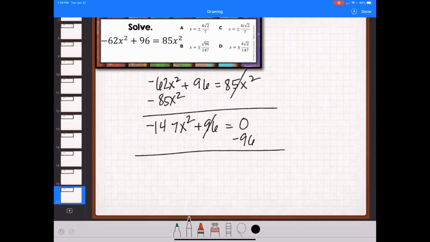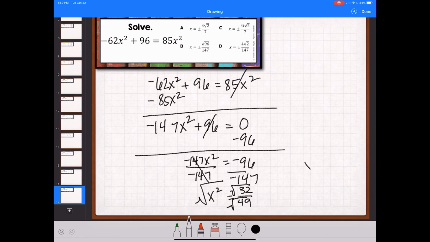Pass the 96 to the other side, so negative 147x squared equals negative 96, divided by negative 147 on both sides. So I get x squared equals, let's see, 96 and 147, and then simplify it. That gives me 32 over 49, and then take the square root.